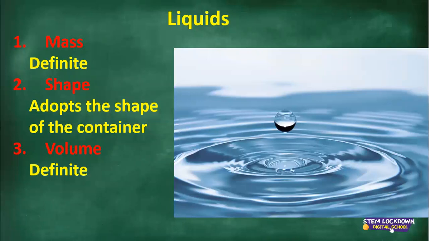But if you put water or juice or milk in a bottle, it takes the shape of the container. Okay. All right. And one other property for liquids is that the volume is also definite.